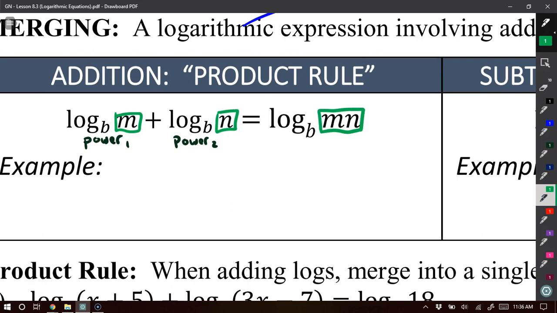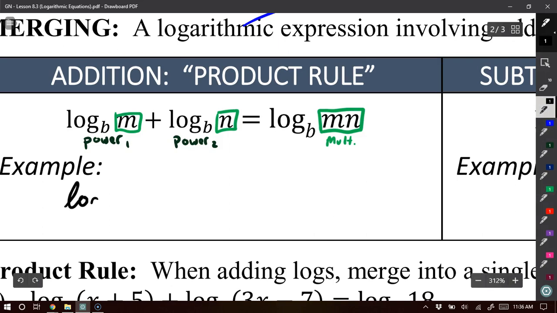So it's kind of like the backwards thinking of what we do with properties of exponents. If I'm adding logs, that means I'm adding powers. You add powers when you multiply. So we can take an expression that involves an addition sign, subtraction sign, and we can merge them into one log. So one example, and we'll do it with numbers, is if I have log, and I'll make up any base, so log base 3 of 7 plus log base 3 of 2.